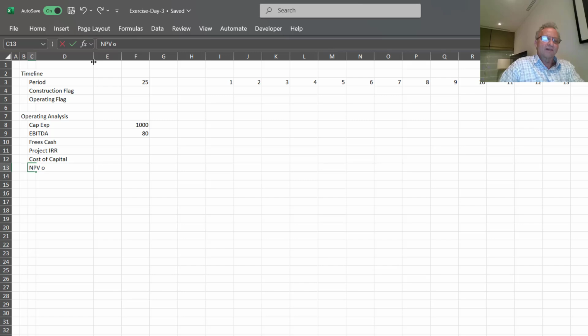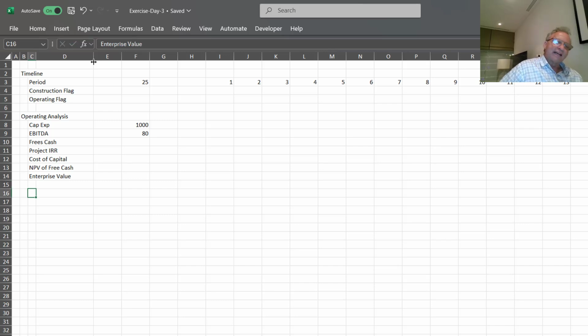Then we'll get an NPV of the free cash flow. Well, I'm going to first do it with a constant cost of capital, and I strongly have advocated many times that that's not quite right. That NPV of cash gives us an enterprise value.